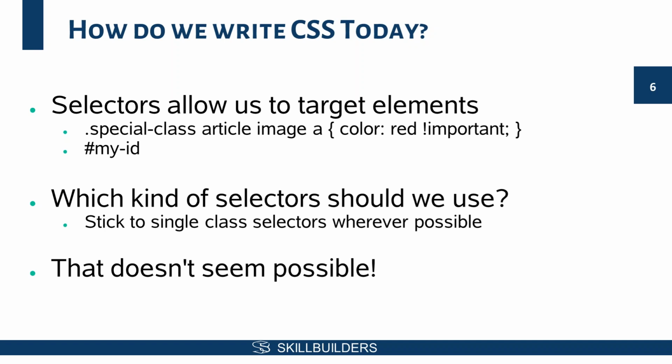Well, if you start thinking about writing things as classes wherever possible, classes by nature are reusable things. You can add that class to multiple elements, to multiple things. And so, sure, maybe on this page, at this moment, we only need to style this one thing. But whenever there's a feature or a request that a client or a customer wants, they tend to not just want it in that one spot.